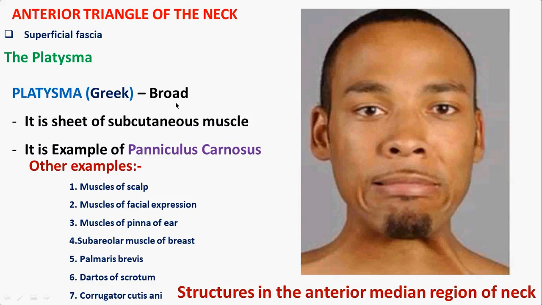Platysma means broad. It is a subcutaneous muscle, an example of panniculus carnosus. Other examples are the muscles of the scalp, muscles of facial expression, muscles of the pinna of the ear, the subareolar muscle of the breast, palmaris brevis, dartos of the scrotum, and corrugator cutis ani muscle.